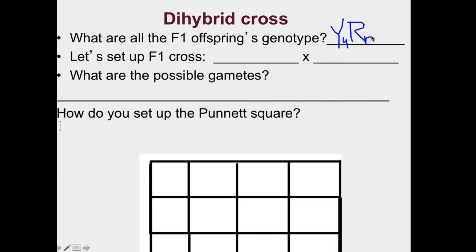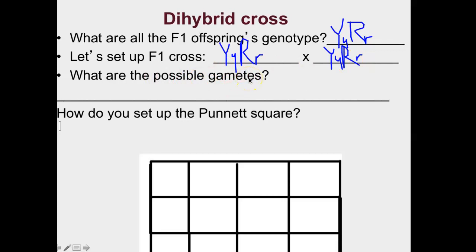Let's set up a cross. So what we're going to do is a big Y, little y, big R, little r, cross with the same, right? Because all of our F1 generation is the same genotype. So that's our F1 cross.